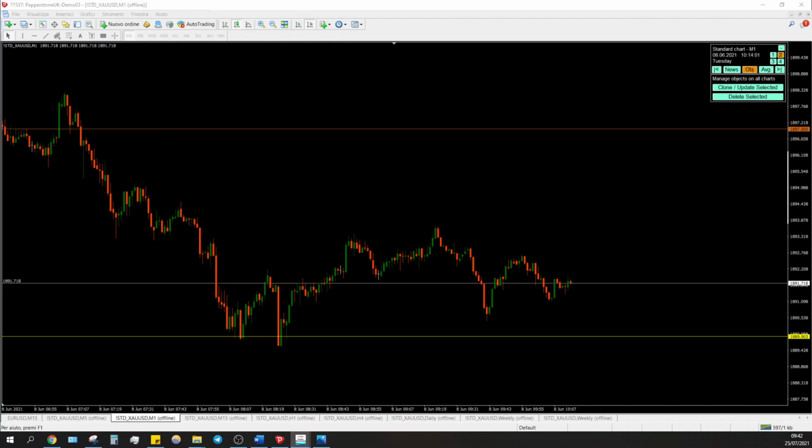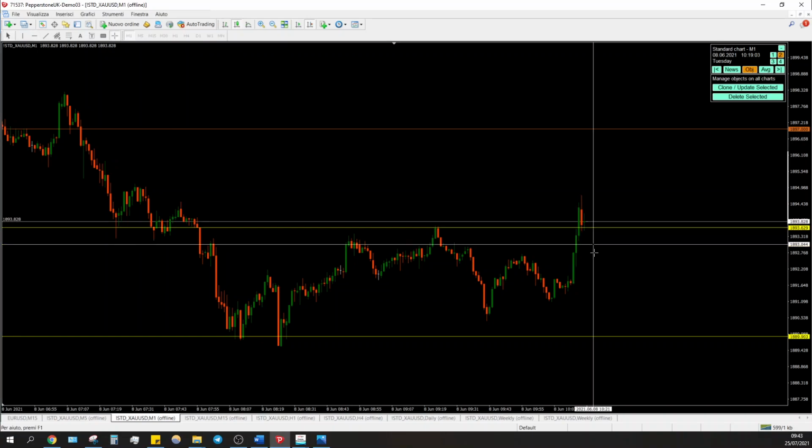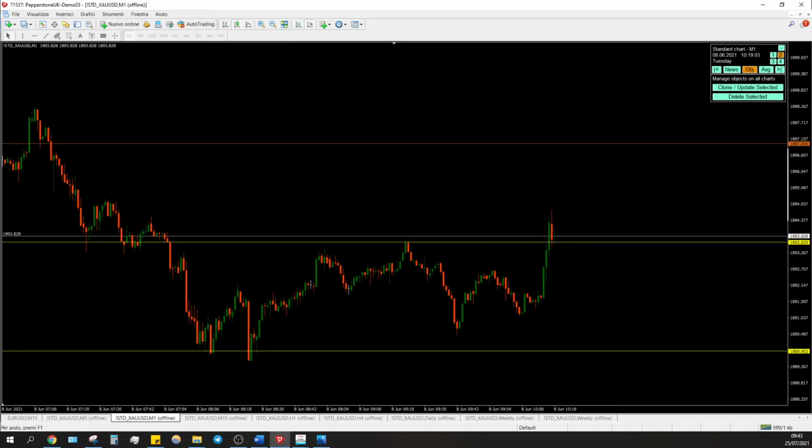Okay, so as you can see, the order block is here with the previous high, the previous low already charted. So we see a break, retest of the key level of the order block low.